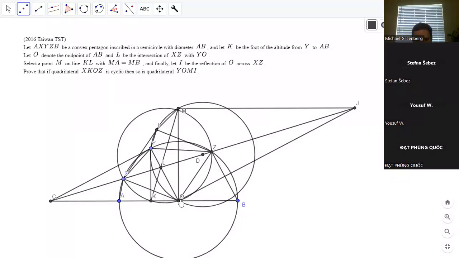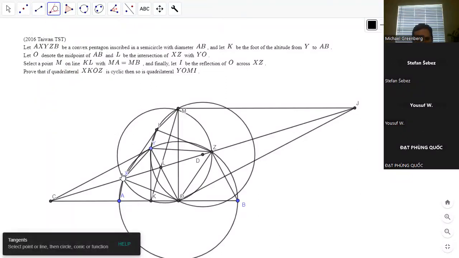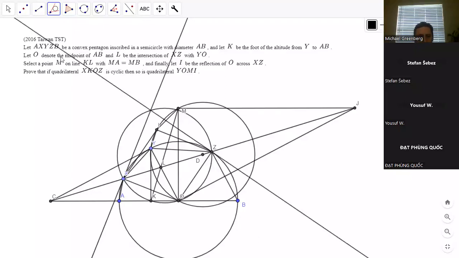Because let's say the tangents from X and Z intersect at one point, and IK.